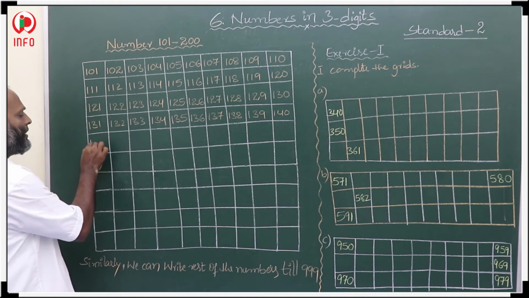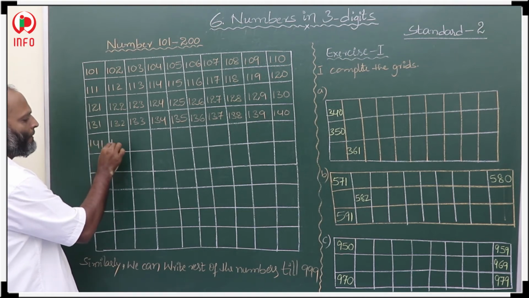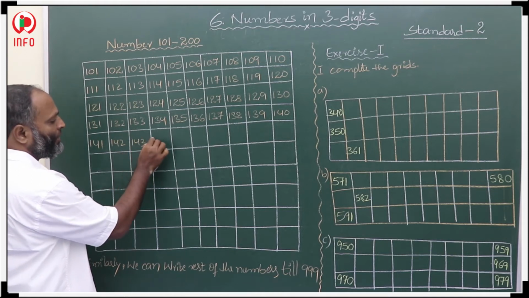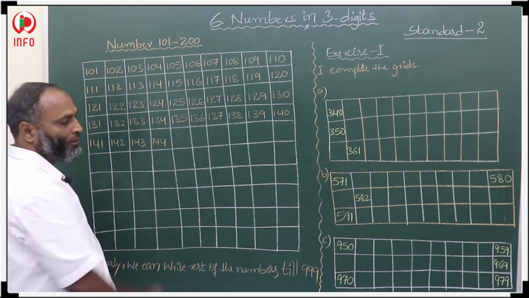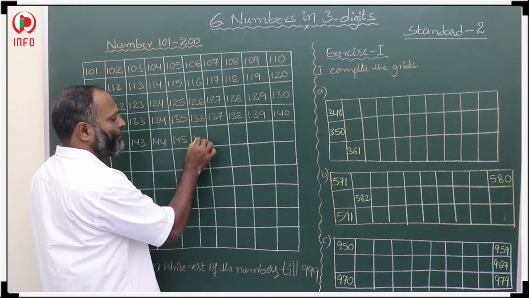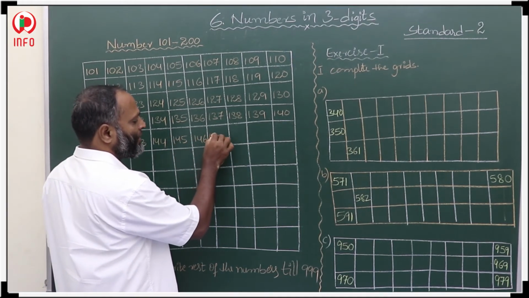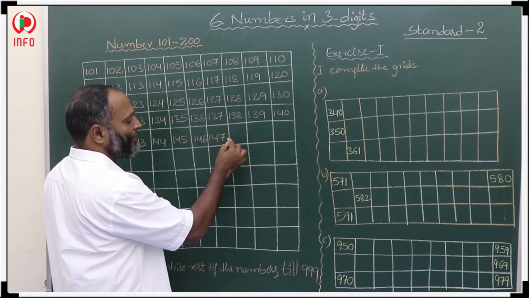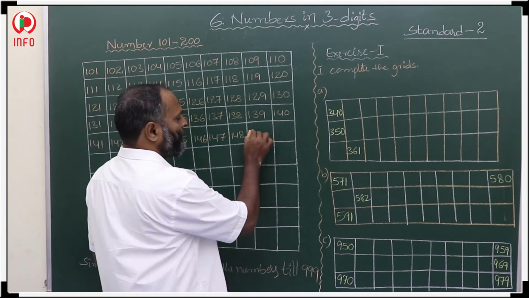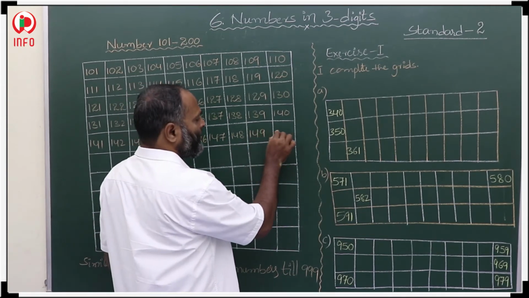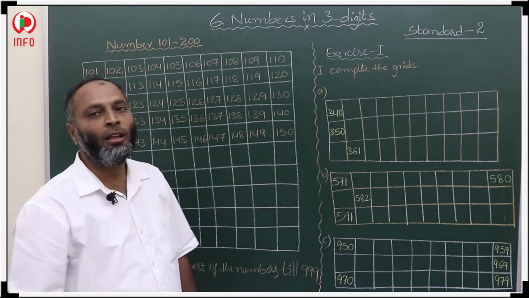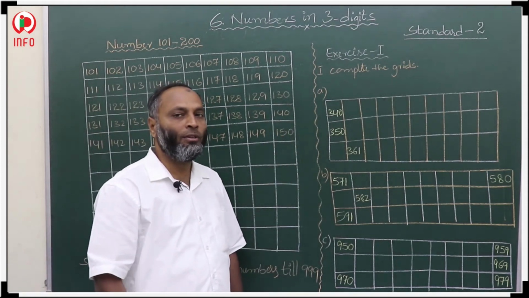Then after that 141, 142, 143, 144, 145, 146, 147, 148, 149, 150. After 49, 50, so 150.